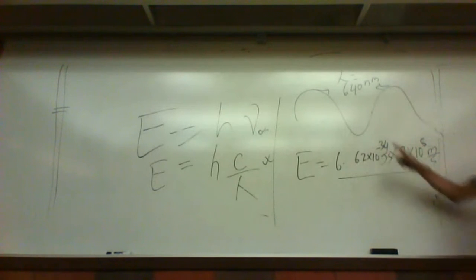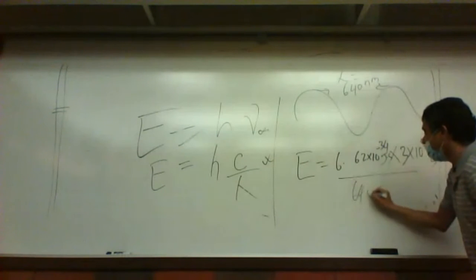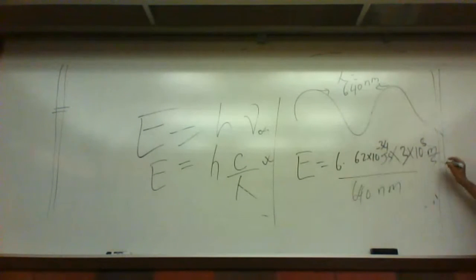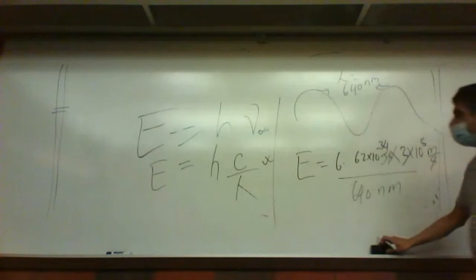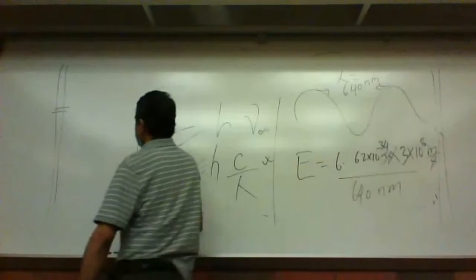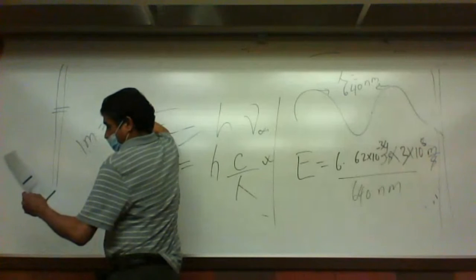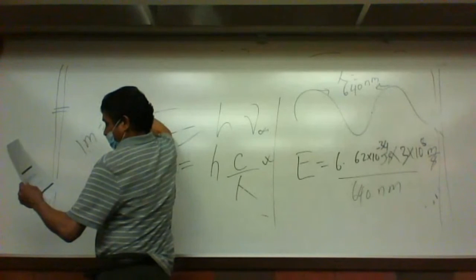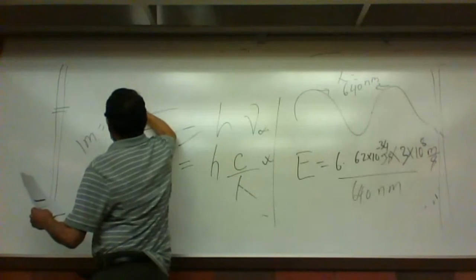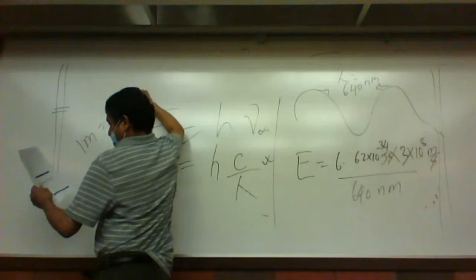Now, what is the value of lambda? Lambda is 640 nanometer. Now you see here, I can cancel second and second, but I cannot cancel meter and nanometer, right? So the nanometer must be converted to meter. How do we convert that nanometer to meter? The conversion is like this: 1 meter is equal to 10 to the power 9 nanometer.